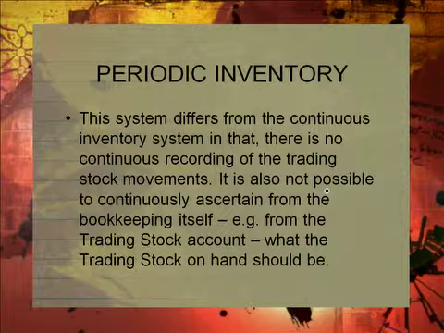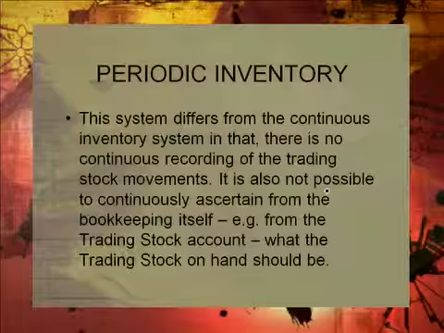It is also not possible to continuously ascertain from the bookkeeping itself, for example from the trading stock account, what the trading stock on hand should be. So clearly, a distinctive feature is you do not keep a running record of stock.